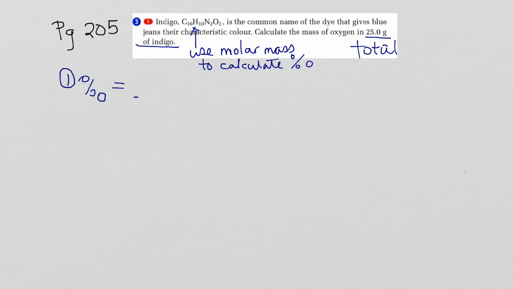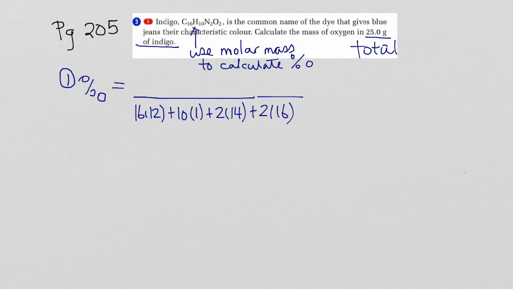So the entire formula has 16 carbons, so 16 carbon plus 10 hydrogens plus 2 nitrogens plus 2 oxygens. And that's the molar mass of the compound. Since we're only interested in oxygen, we'll take the mass of the oxygen only.